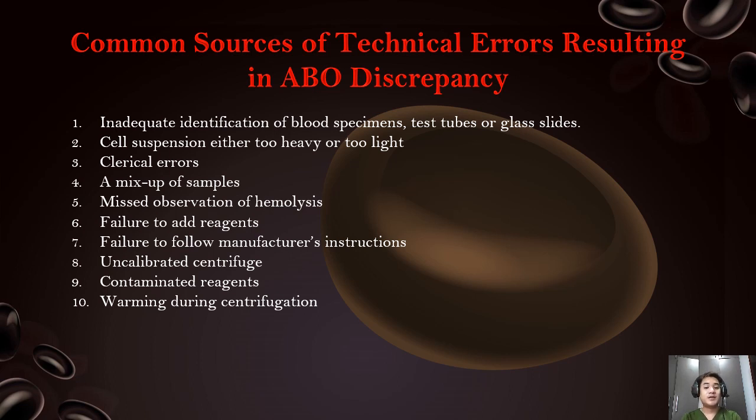It is actually the protocol that every blood bank medtech must follow. First thing is to repeat the entire blood grouping procedure. And if the discrepancy is resolved, or the testing yielded parallel results of both forward and reverse, the blood group of the patient can be expedited or released.